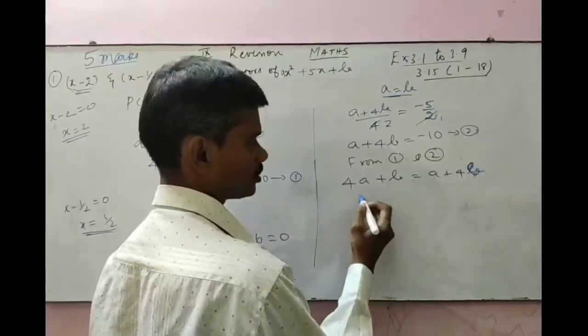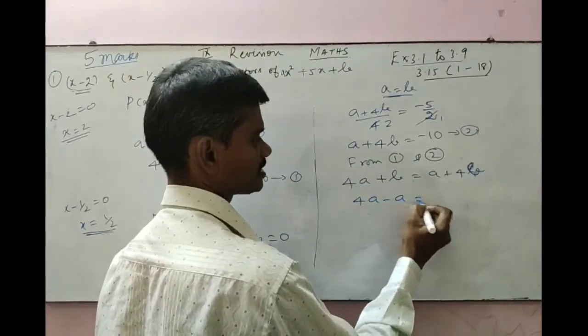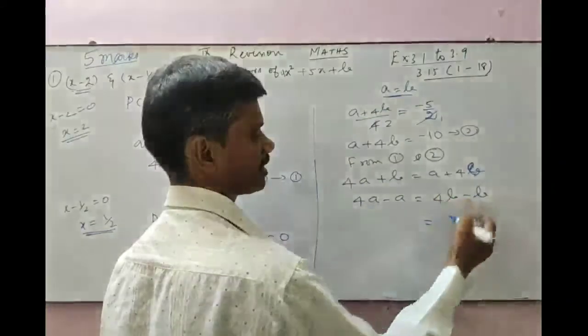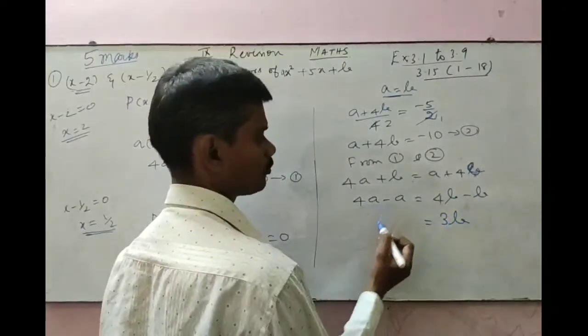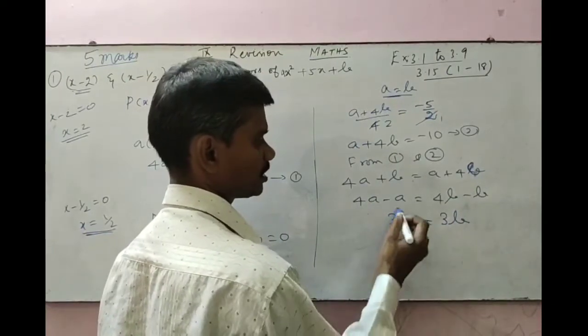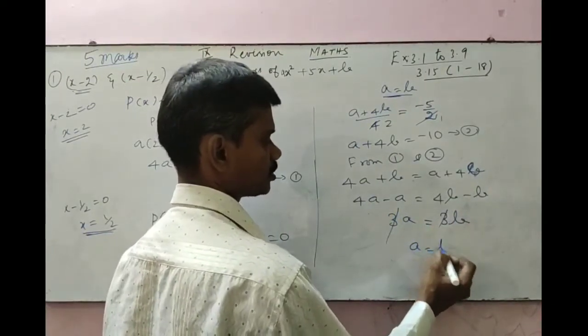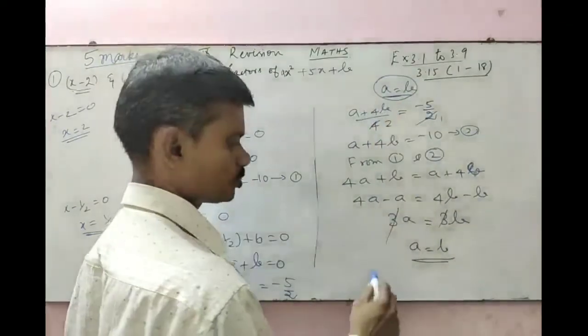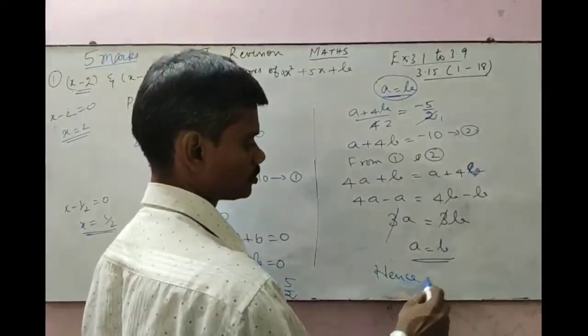Bring the a to the left hand side. 4a minus a equal to 4b minus b. 4b minus b gives 3b. 4a minus a gives 3a. 3 gets cancelled. You will get a equal to b. So this is the thing we have to prove, a equal to b. Hence it is proved.